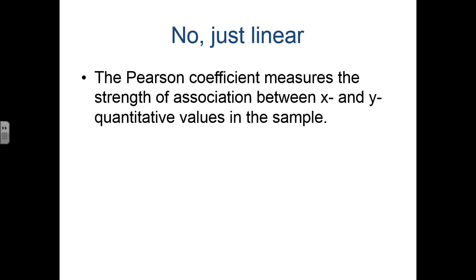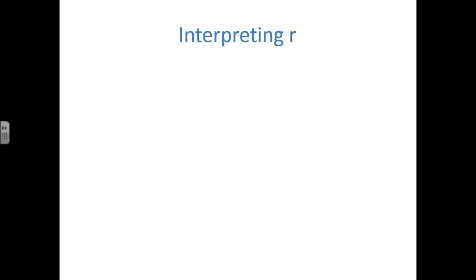No, because the Pearson coefficient only measures a linear relationship or a linear association. So there may be very strong relationships between x and y that are not linear, and the Pearson coefficient only measures a linear relationship.